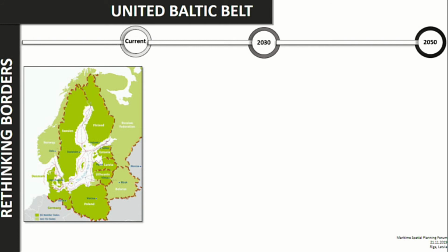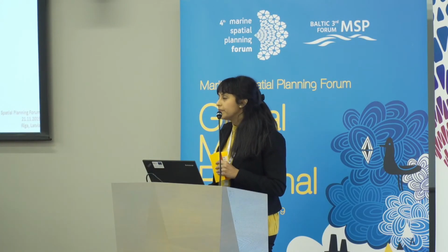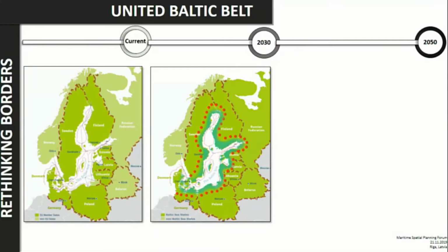National authorities are already going with MSP. So we tried to see how it's going to be in 2030. In 2030, for the Baltic Sea, we suggested to have a Baltic belt around the Baltic Sea states. This Baltic belt will extend from the land to the sea. This belt will solve the challenges of the land-sea interaction.